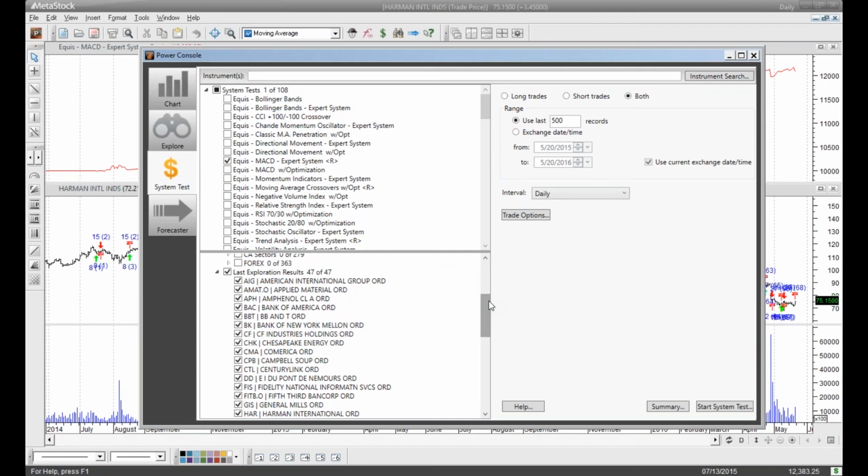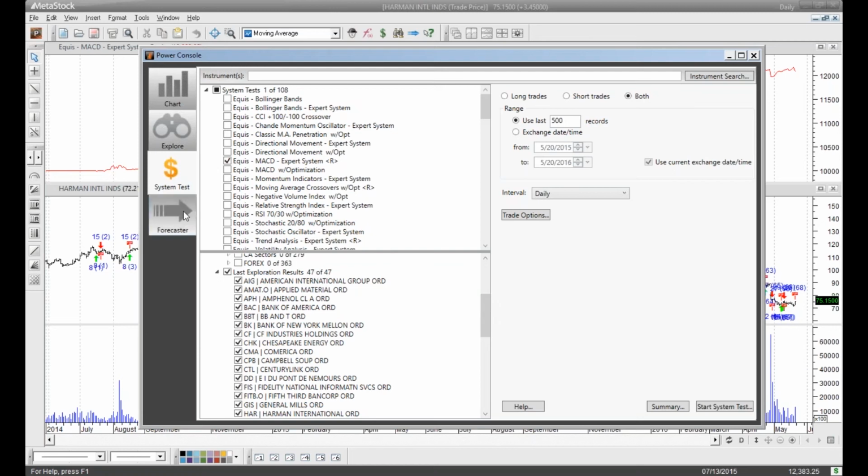Whether you're looking at Forex, futures, options traders, just any instrument out there, you're looking at price movement over time.